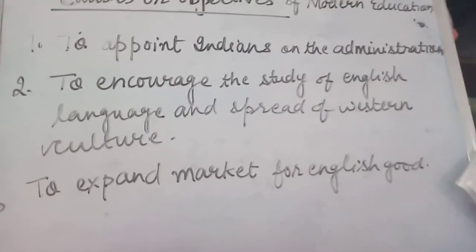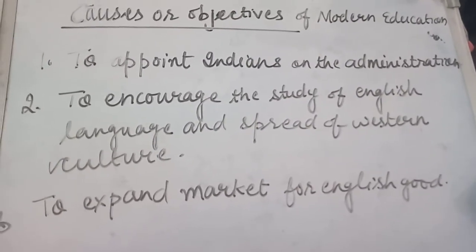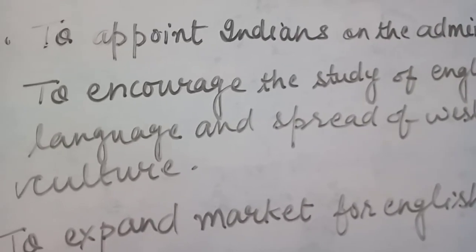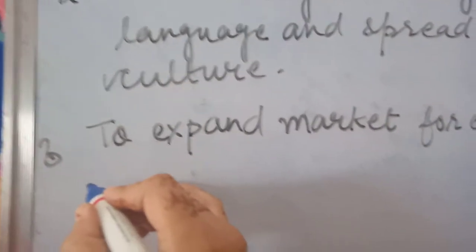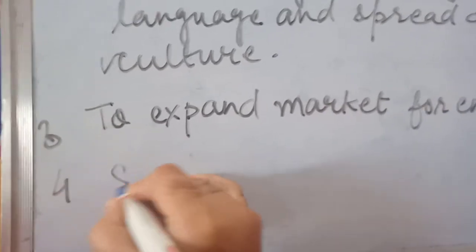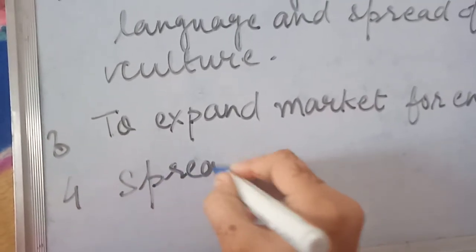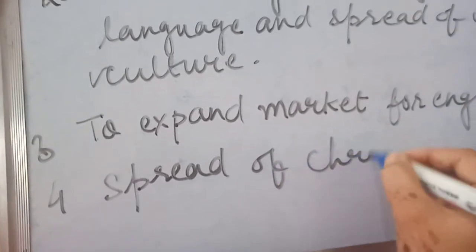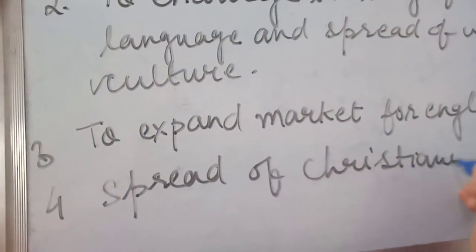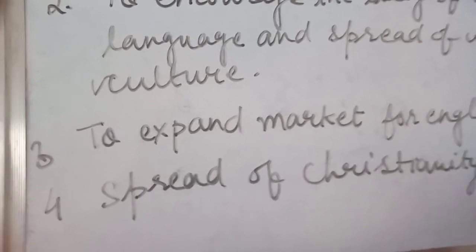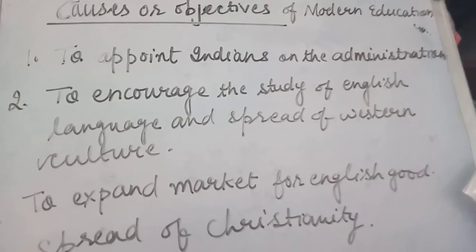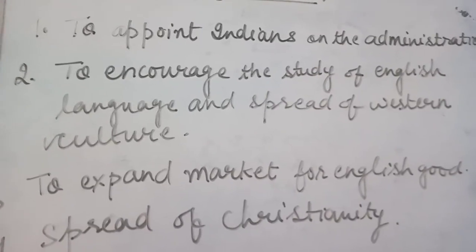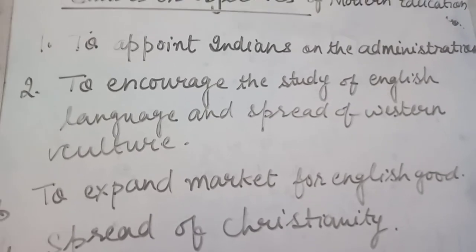They wanted to modify the Indians according to their needs. And the spread of Christianity. So these were the causes or objectives for the introduction of the new education system or modern education.